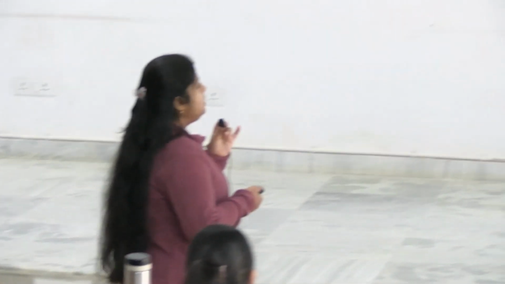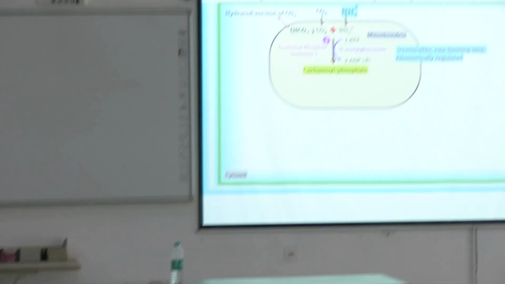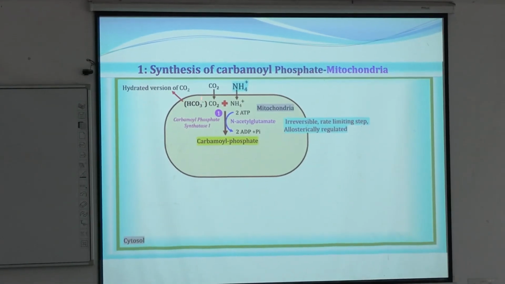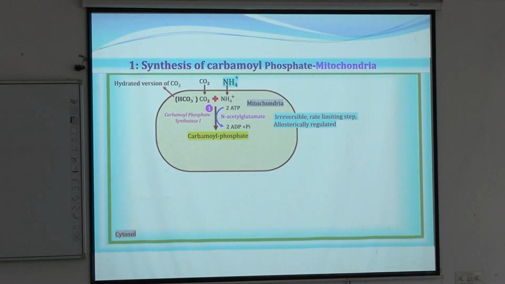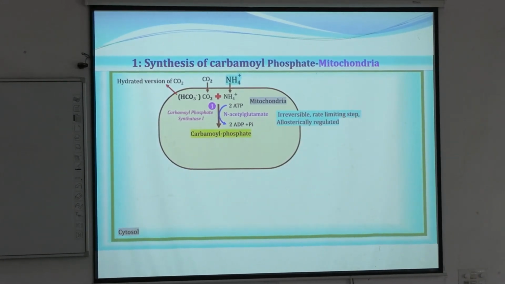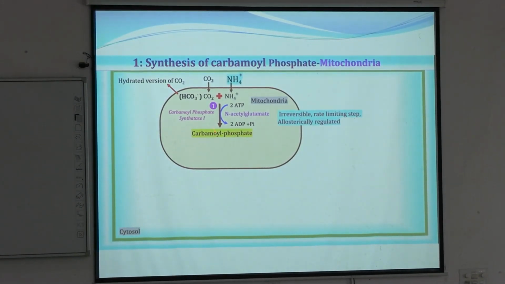Here is the carbon dioxide, and it forms HCO3 and combines with the ammonium ion to form carbamoyl phosphate. So carbamoyl phosphate is formed from carbon dioxide and ammonia along with H2O. And this is an energy-taking step. Here 2 ATPs are used and 2 ADP and inorganic phosphate are released.